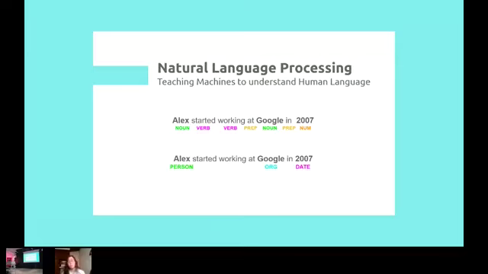So Alex is a person. At Google, so if someone started working at something, then we know that that is an organization, a company, or a university. And we know that that number is not just any number, but it's a date that makes explicit which year it was, the beginning of that.